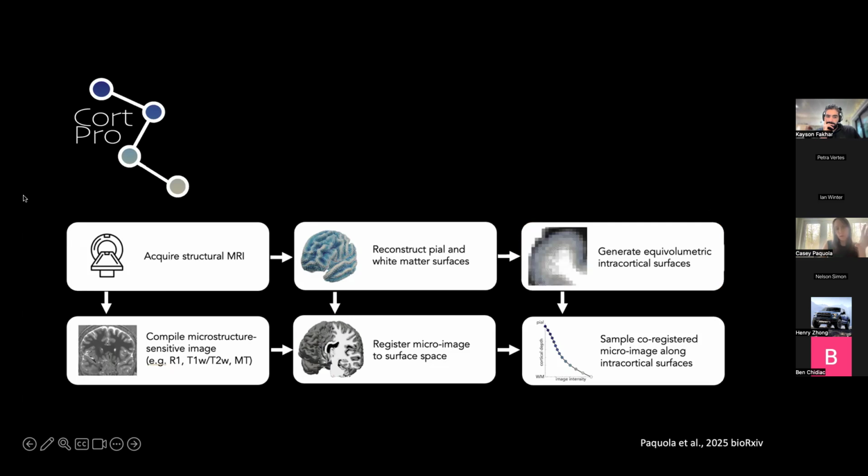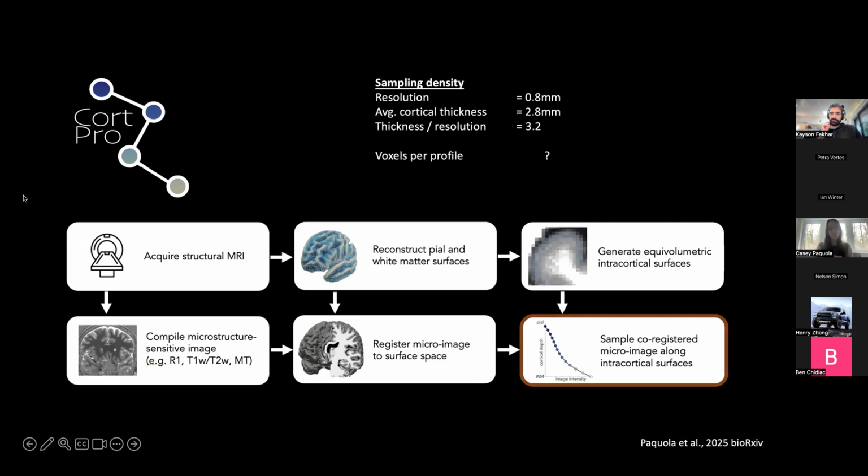The other big question that often comes up here is about the resolution of the data, and how many voxels are we really sampling from here? So if you do a quick calculation on a standard quantitative T1, for example, of 0.8 millimeter isotropic resolution, we have an average cortical thickness of like 2.8, then you'd guess you just have like 3.2 voxels within the cortex.